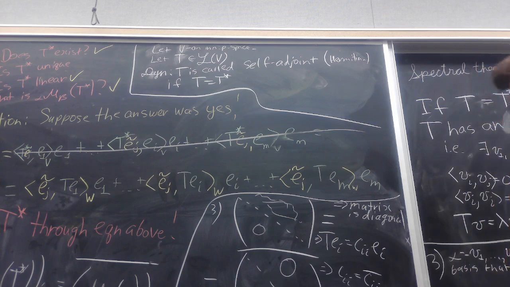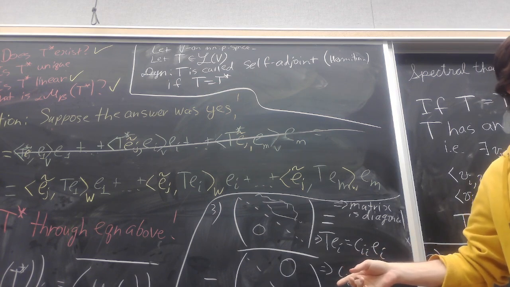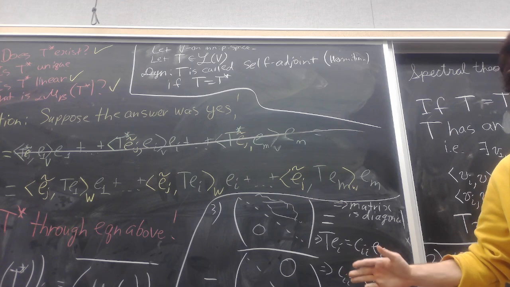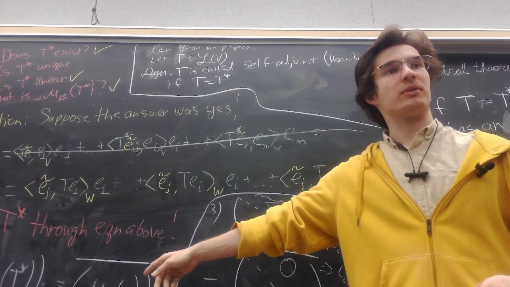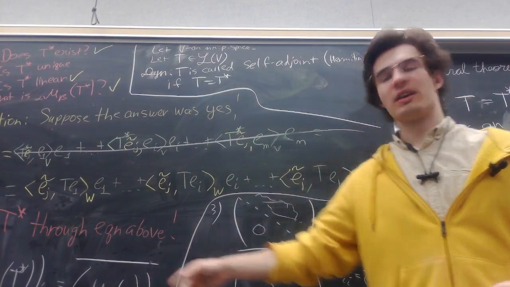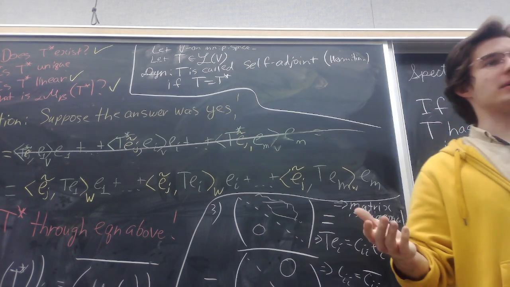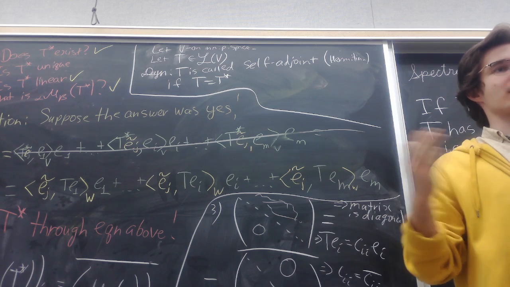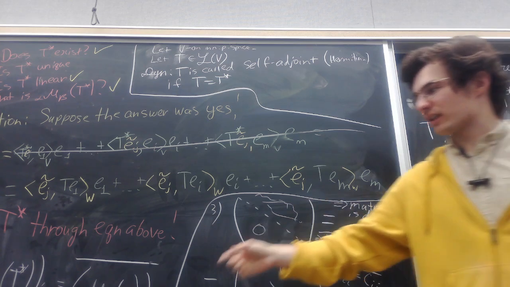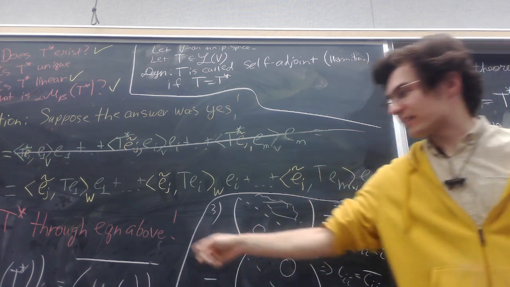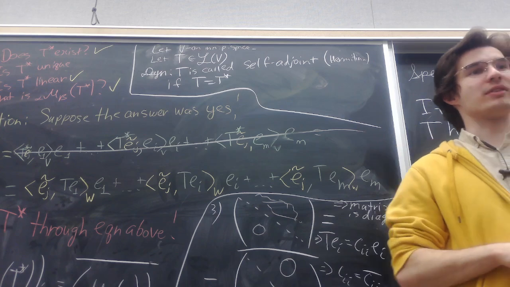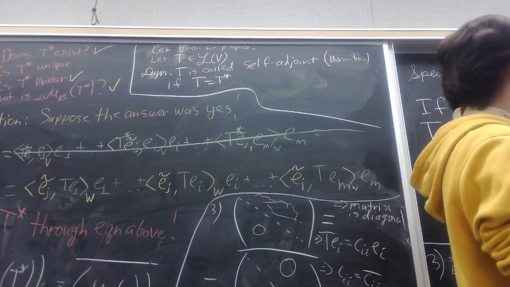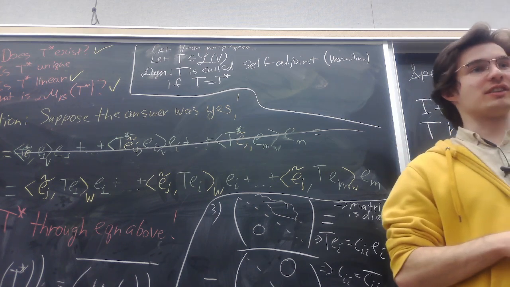Because if you know that the basis is orthonormal and the matrix is diagonal, then the matrix has to be equal to its conjugate transpose. You take the conjugate transpose and the matrix is still the same, because it's diagonal and only has real numbers. So it satisfies this property, therefore it's equal to the adjoint. So this is in fact an if and only if. Good catch. I should have said this.